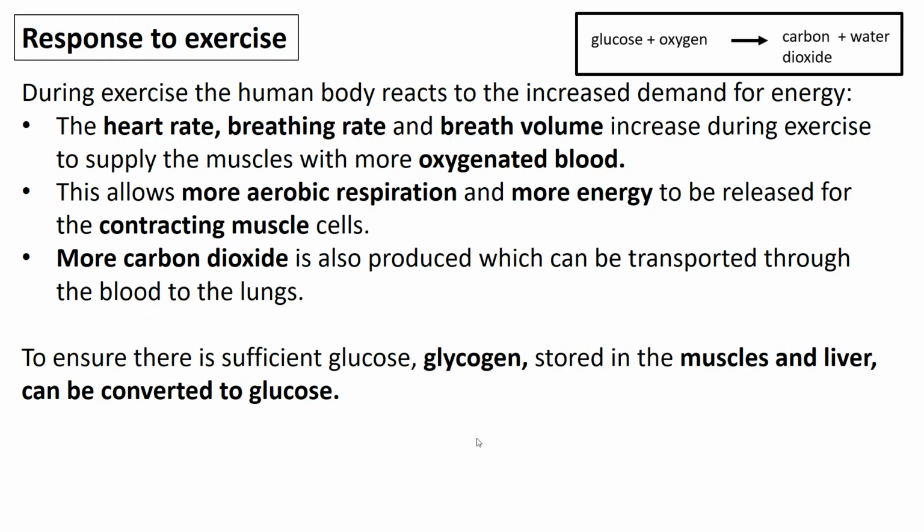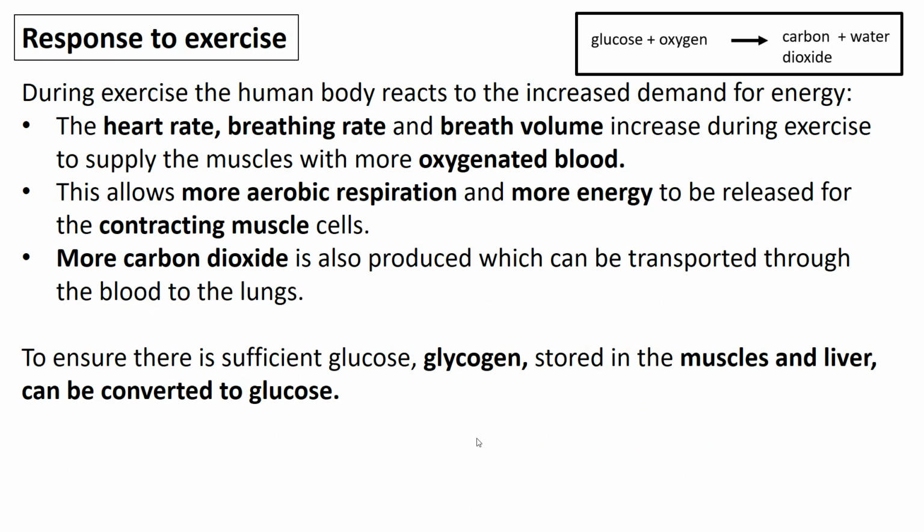When you do exercise, though, the body usually responds in a way to increase the amount of oxygen and glucose being transported to cells. So you try to avoid anaerobic respiration if possible. So during your exercise, the human body increases the heart rate, the breathing rate, and the breath volume in order to get more oxygenated blood.